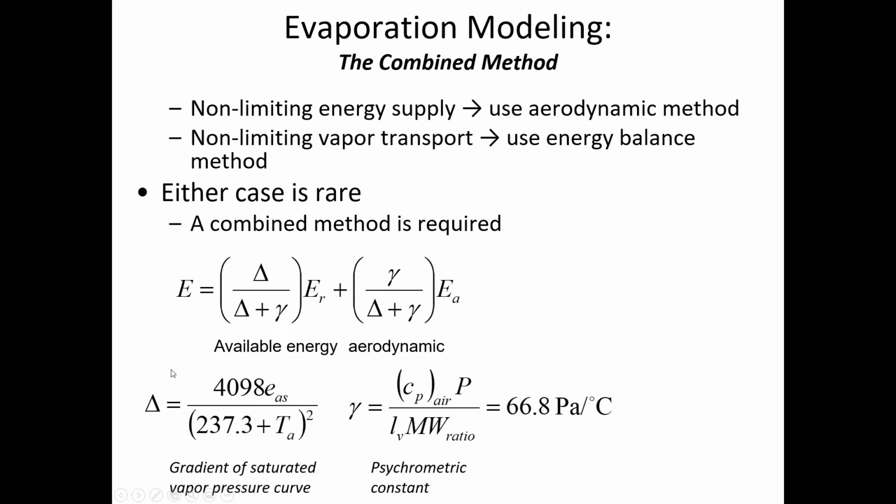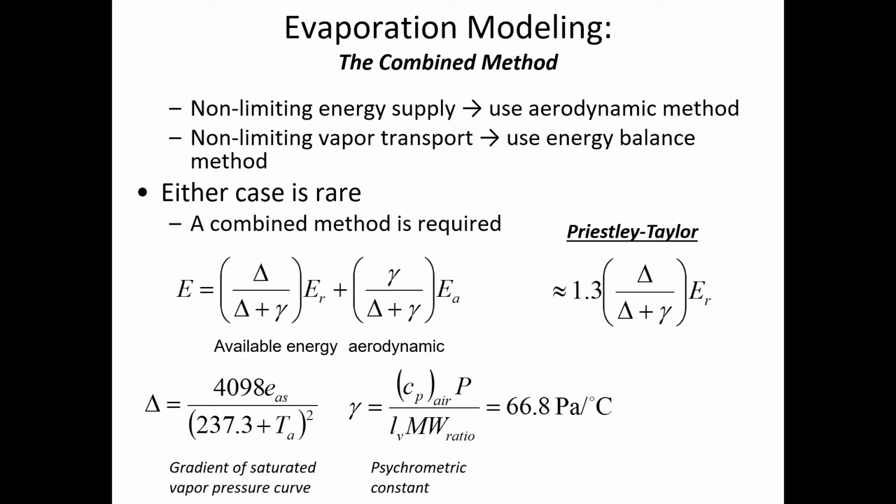That's delta. And then this psychrometric constant for air takes into account the pressure of the air and the molecular weight of the gases. And so for air, we'll always use gamma, our psychrometric constant, which is 66.8 pascals per degree Celsius.